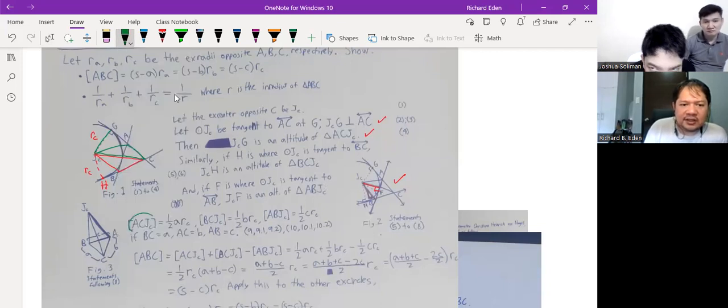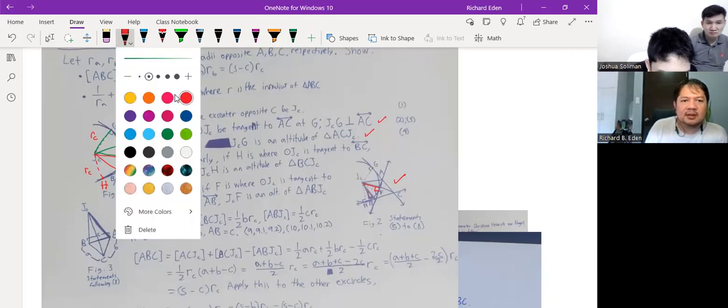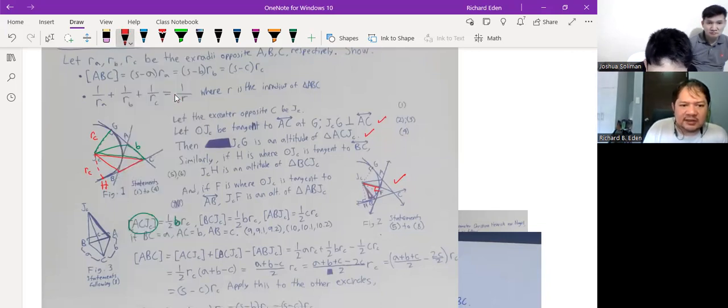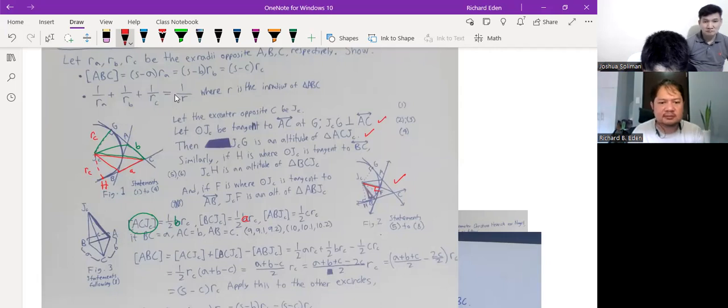ACJC is the green triangle, and one of its dimensions is B. BCJC, one of its sides is A. So A ito dapat. And then ABJC is 1/2 RC times C.